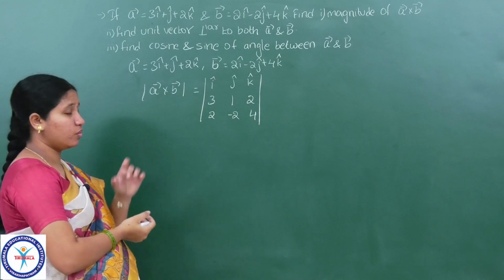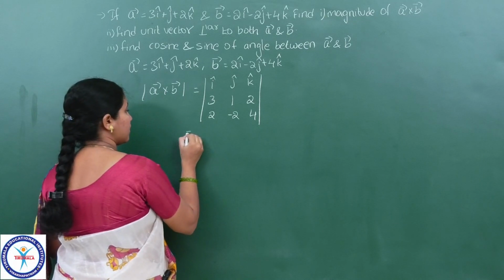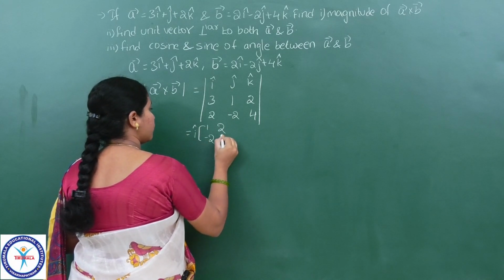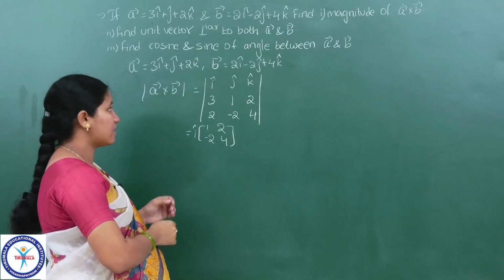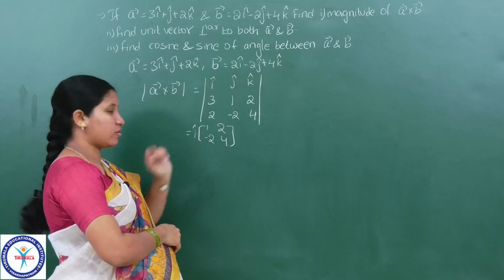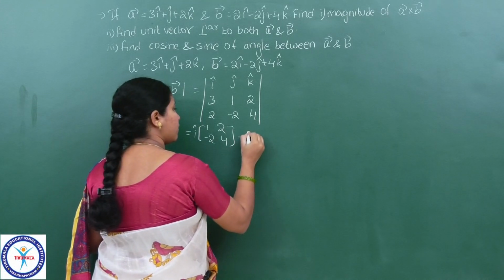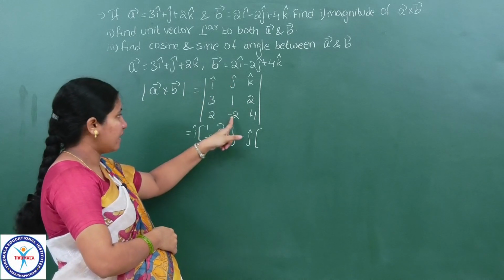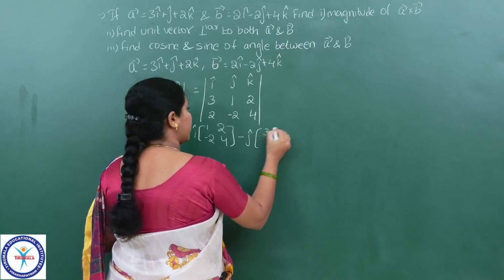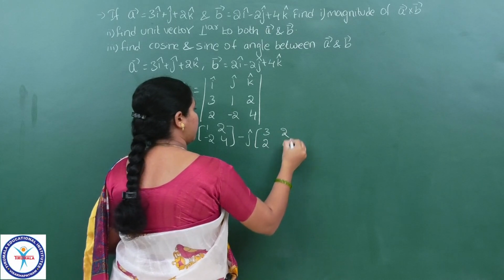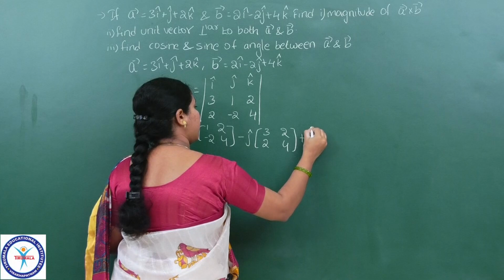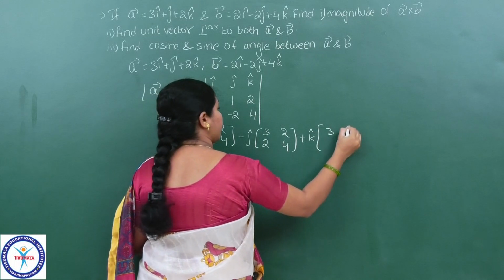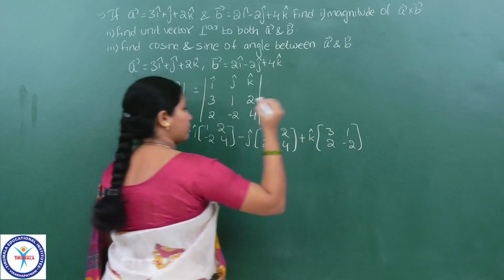Now, split this into 2 by 2 matrices. That is i cap into the matrix 1, 2, minus 2, 4. We get this 2 by 2 matrix by eliminating first row, first column. Next we have to take minus j cap into the matrix obtained by eliminating first row, second column, we have 3, 2, 2, 4, plus k cap into the matrix obtained by eliminating first row, third column, so we have 3, 1, 2, minus 2.